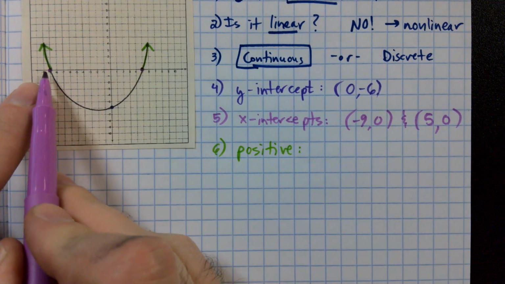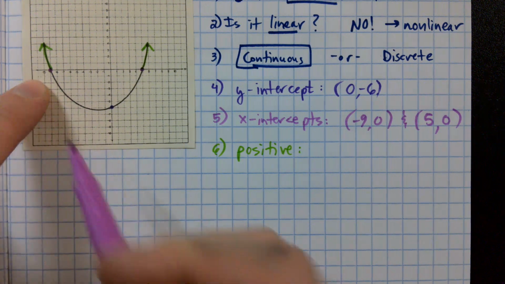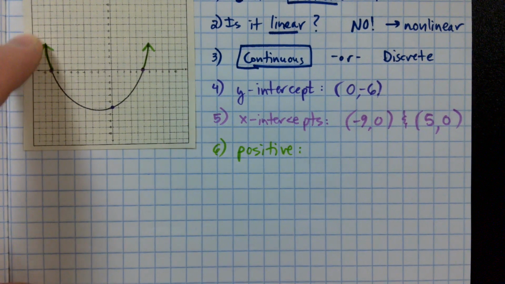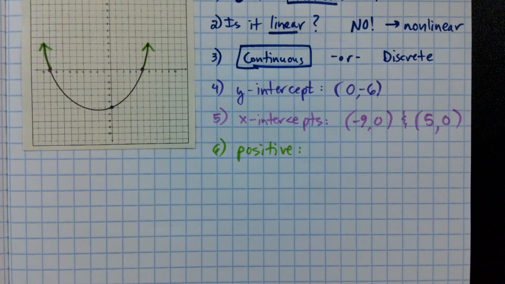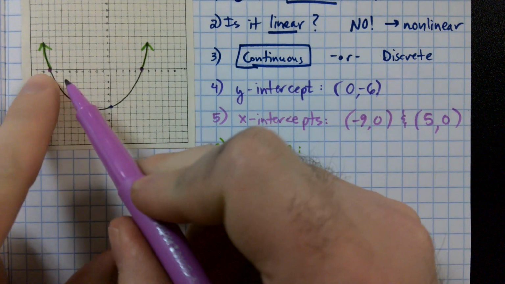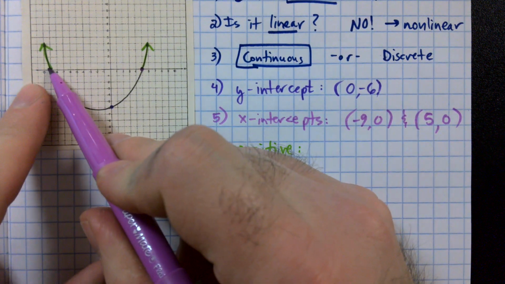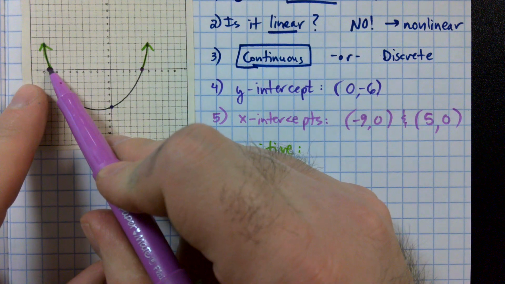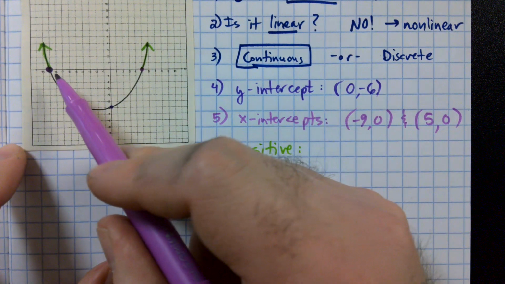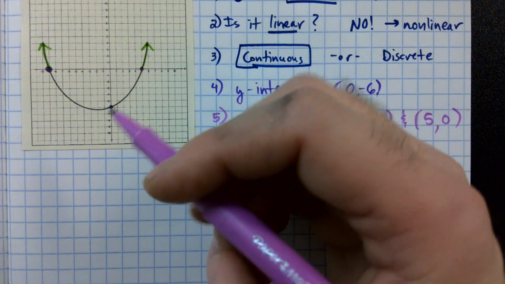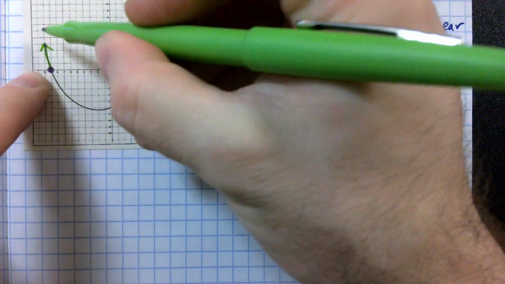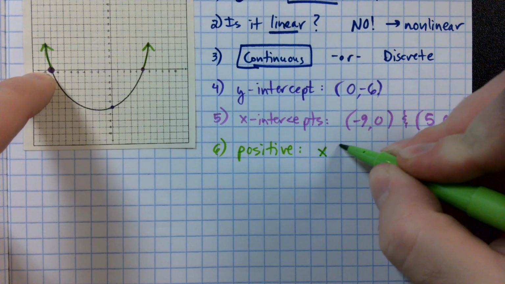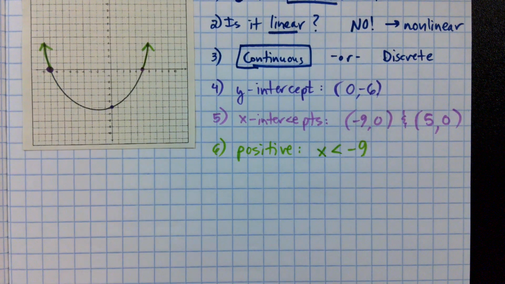So here's -9, right? My positive part of this function is anywhere less than what? -9. My x-intercept is right here, and this green section is to the left of -9. So I'm above the x-axis anywhere x is less than -9.